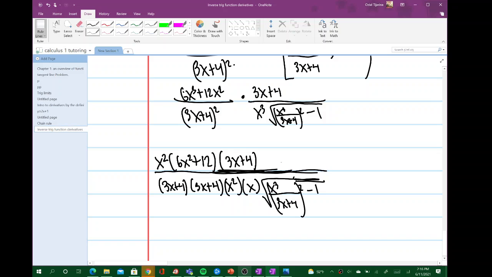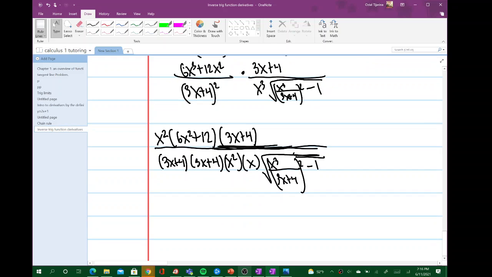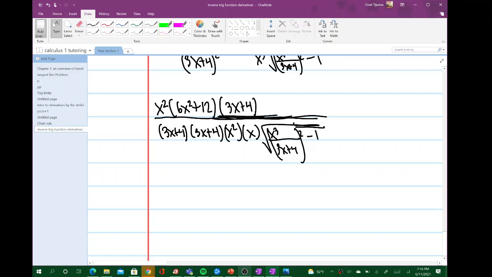Okay. This simplifies to 6x cubed, or actually, hold on.